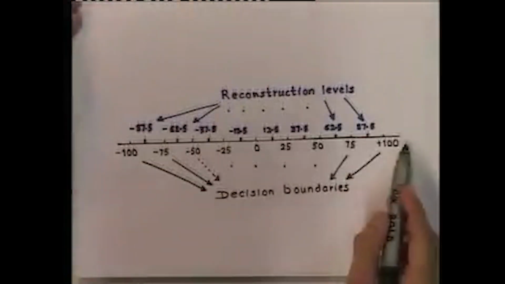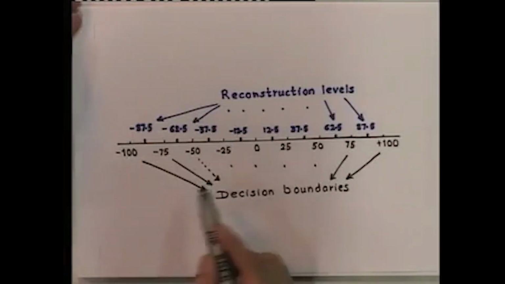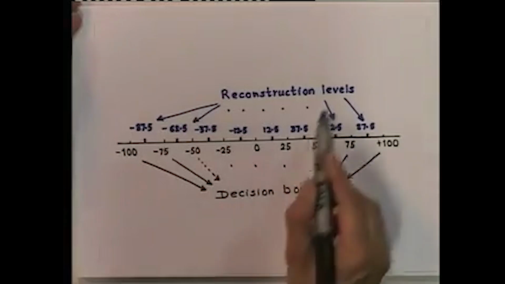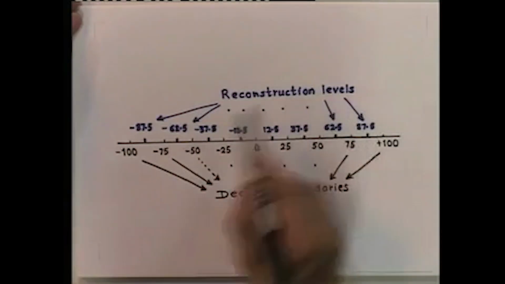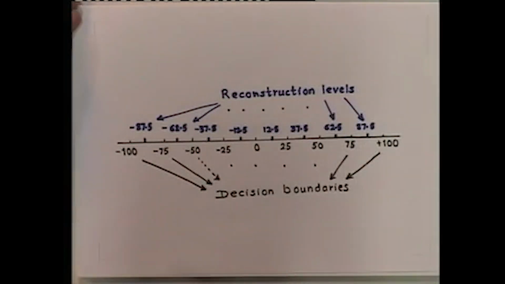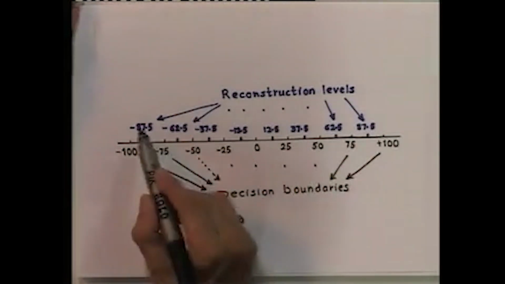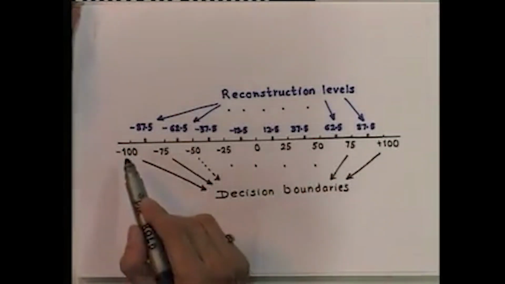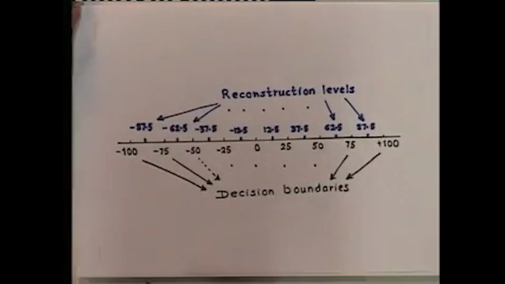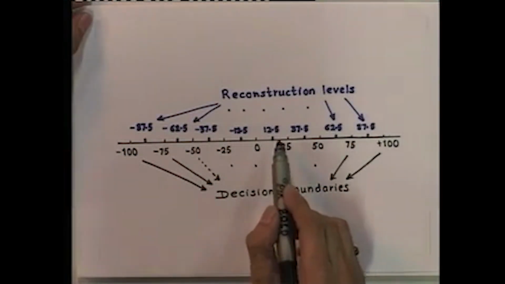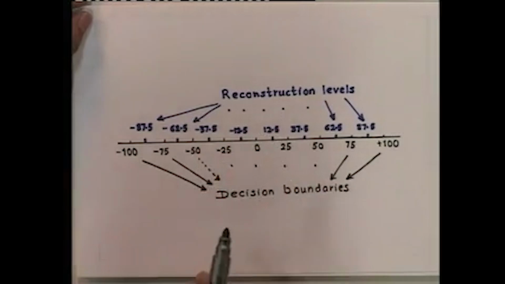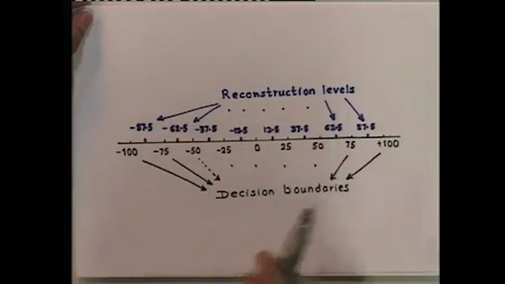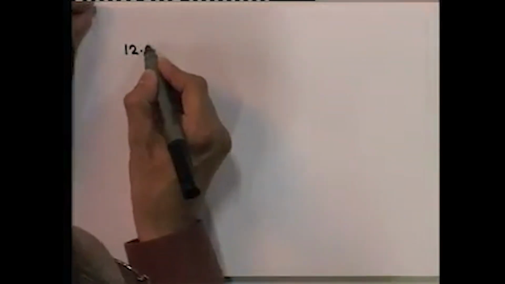So, on the real axis, we can denote the decision boundaries and the reconstruction levels as shown here. Now, the blue ones are the reconstruction levels and the black ones are the decision boundaries. So, the maximum quantization error that can be incurred is 12.5.